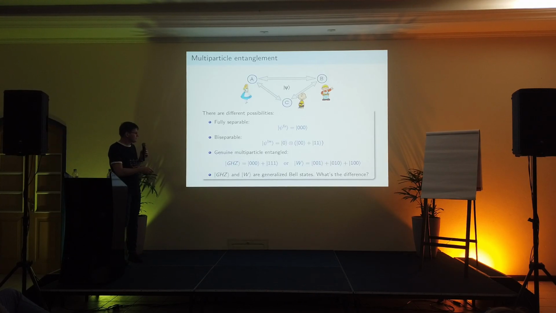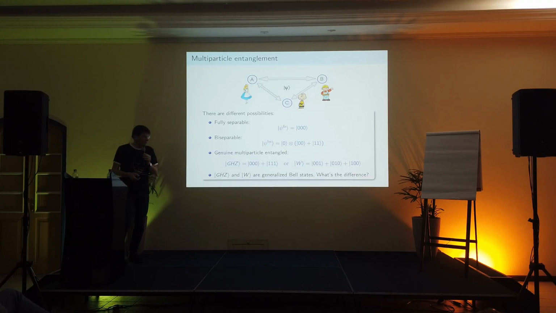Then there are states called biseparable, where, for instance, there's some entanglement between Bob and Charlie, some Bell state, but Alice is separated, indicated by this tensor product sign. There's definitely some entanglement in the state, but Alice does not take part, so that's why it's called biseparable, meaning there's some bipartition where you can cut the system and there's no entanglement. It's a different class of state.